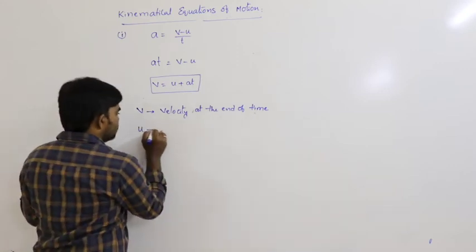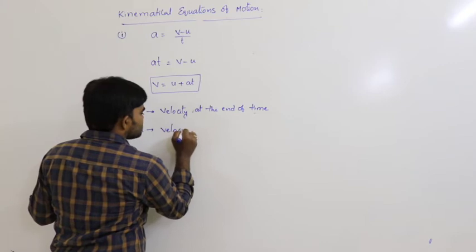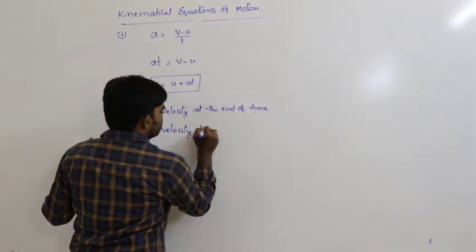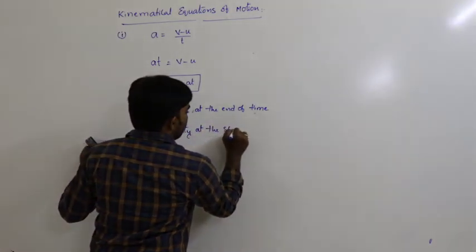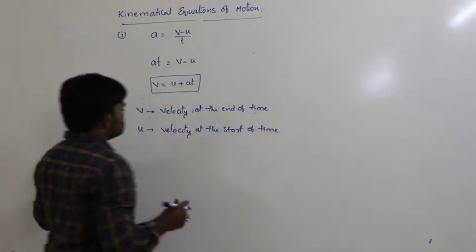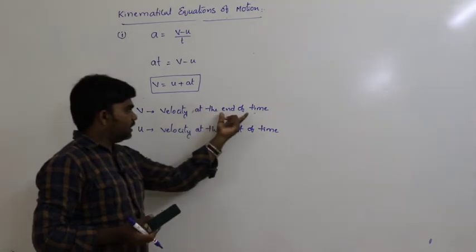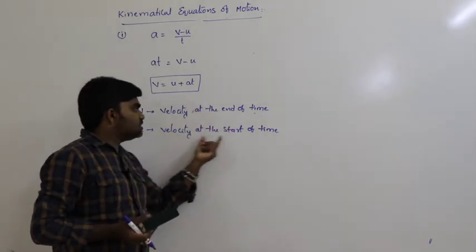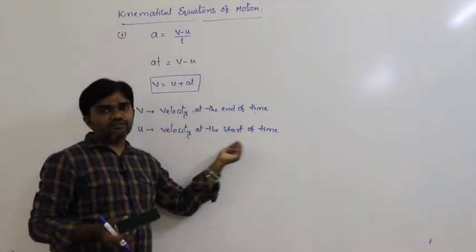And U can be written as the velocity at the start of the time. So V is the velocity at the end of the time and U is the velocity at the start of the time.